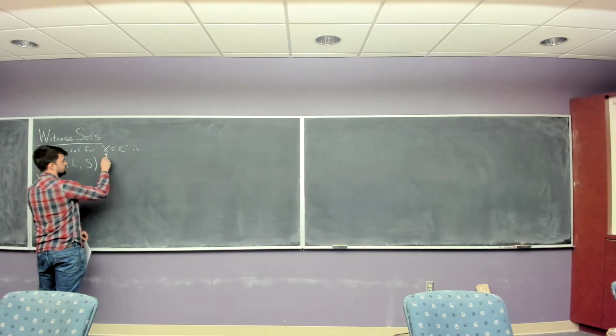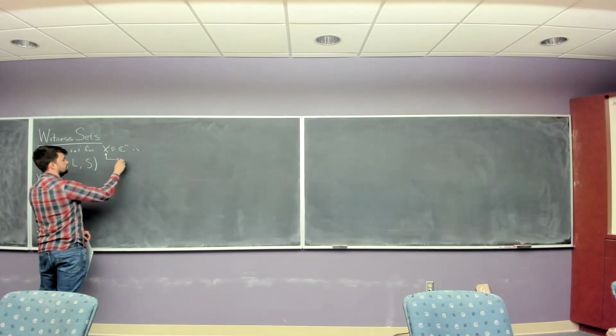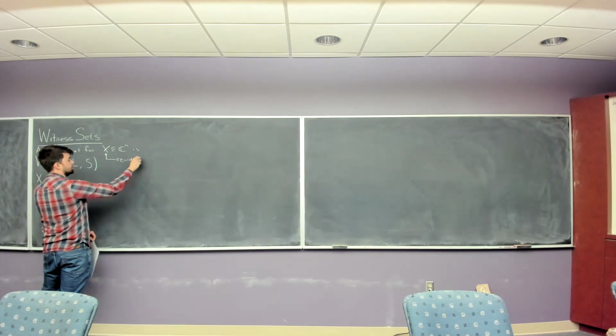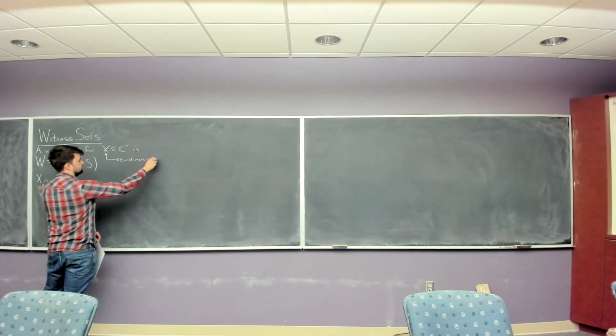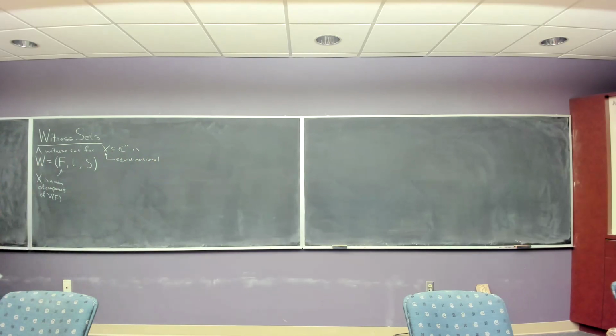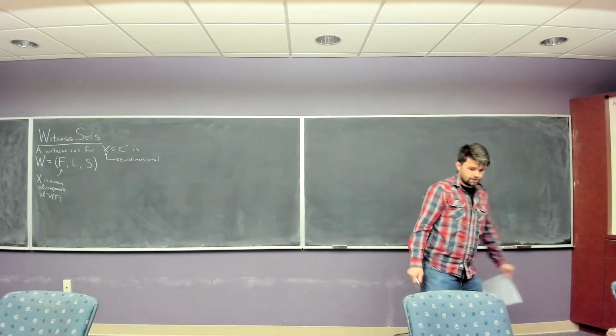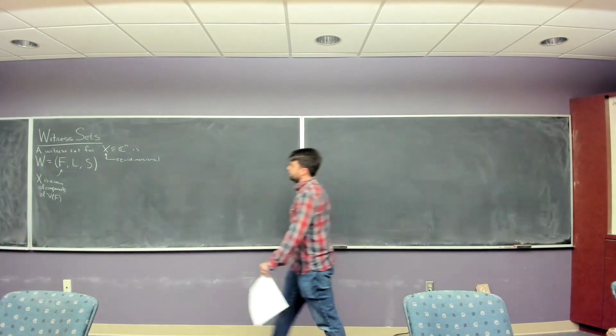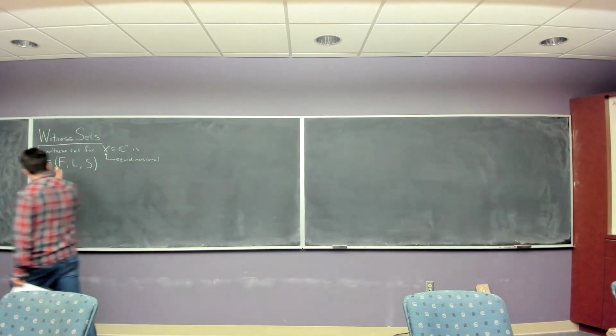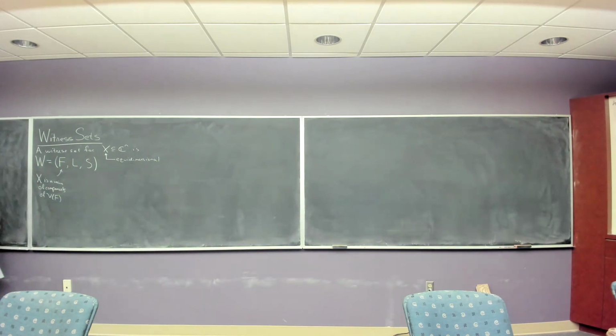I guess I should say that this is equidimensional. So it may not be reducible, it may have lots of components, but all those components have the same dimension. And so what do we need? Well, the first thing we need is a polynomial system F which cuts X out.